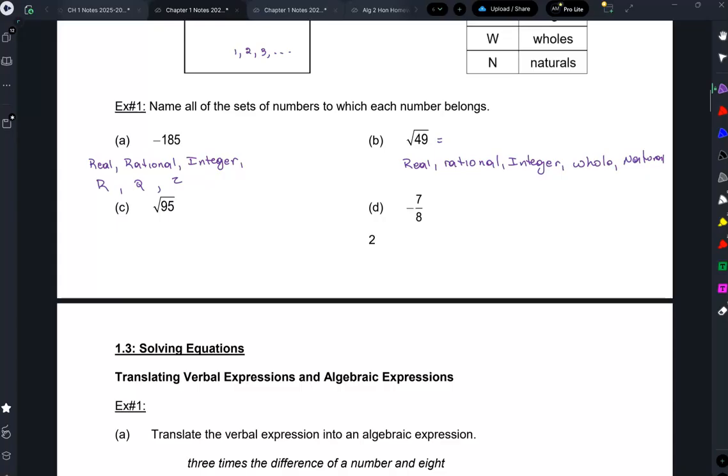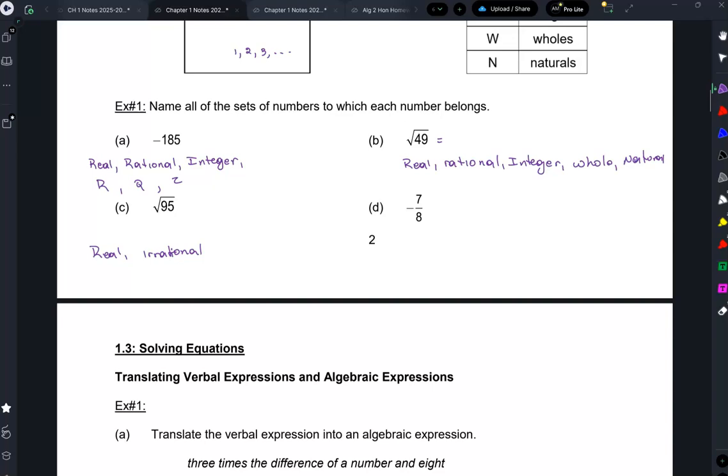What about the next one? It's real, but it's irrational. And that's where it ends. And even though it's irrational, because the square root does not come out to a perfect square, it'll never stop.